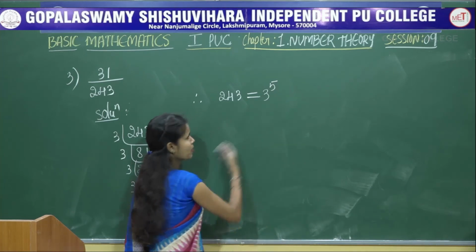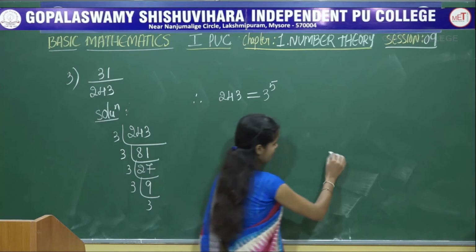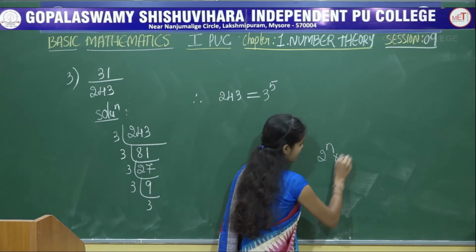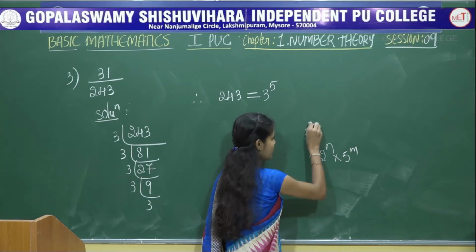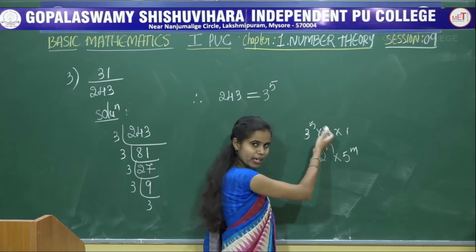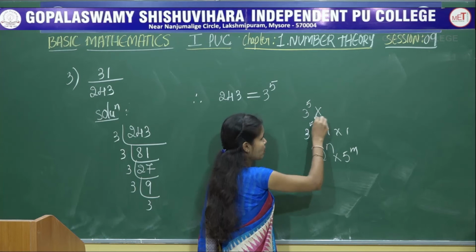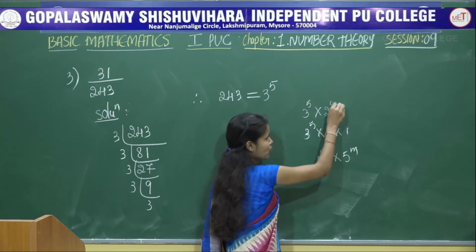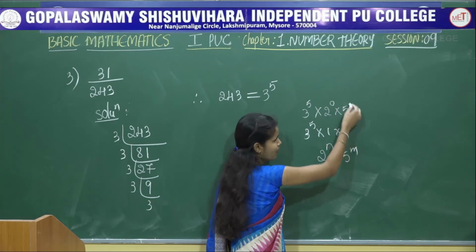Here observe 3 to the power of 5. We want the denominator to be in the form of 2 to the power of n into 5 to the power of m. Suppose we write 3 to the power of 5 into 1 into 1, no problem. 3 to the power of 5 into 1 into 1 is 3 to the power of 5. 1 can be written as 2 to the power of 0, and 1 can be written as 5 to the power of 0.